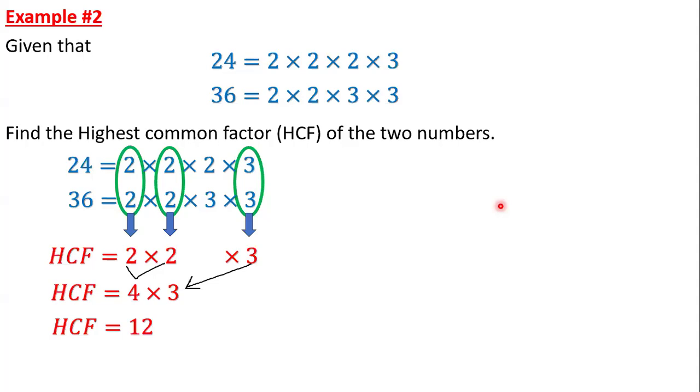So 2 times 2 equals 4, and then 4 times 3 equals 12. Very good. And that's our highest common factor. So the highest common factor of 24 and 36 is 12.